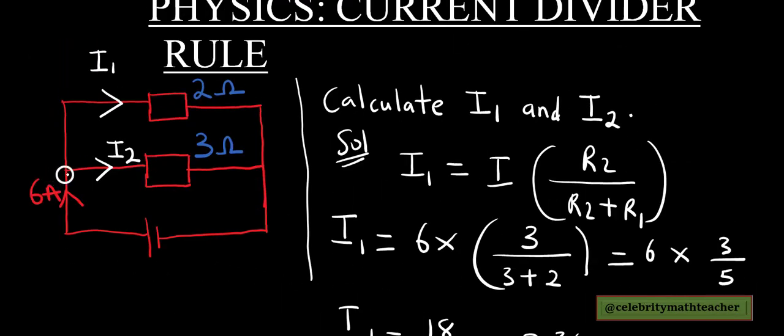As current comes in and gets to this node or junction, it will split. Some of it will flow through this resistor, the other through this one as I2. So the summation of the branch currents must be equal to the incoming current. We can use that to get I2 by subtracting the value of I1 from 6.